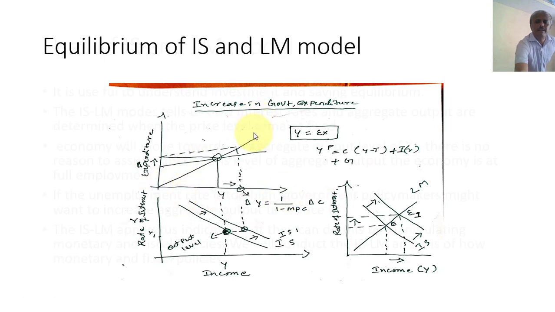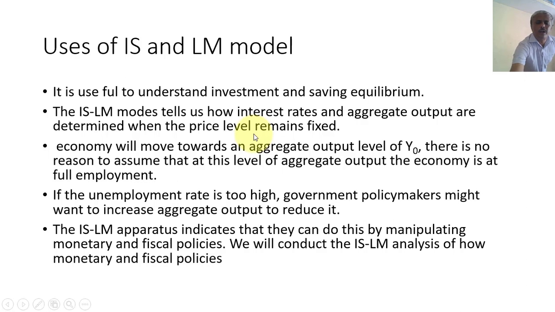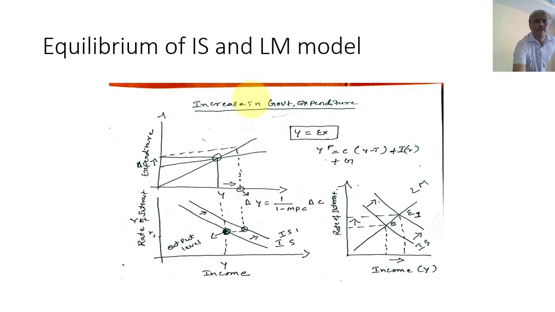On the 45-degree line, income is equal to expenditure. Similarly, this is the point where expenditure is equal to income. Suppose the expenditure increases from this point to this point; you see the dotted line, which is the change in income.